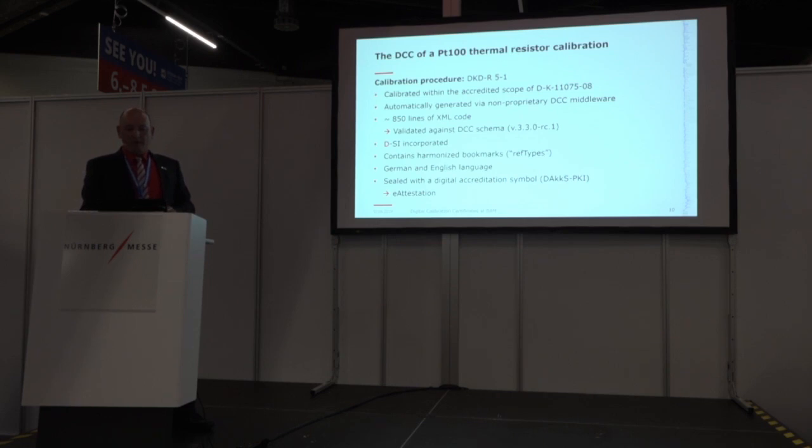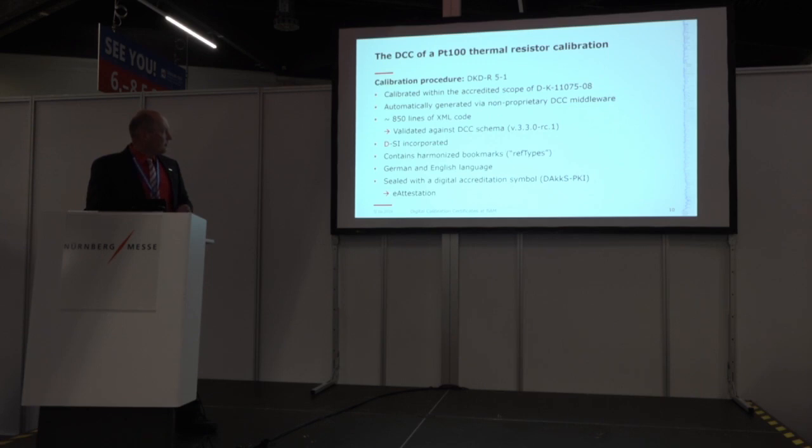We end up having 850 lines of XML code compared to 3 pages of text when we issue a paper certificate. This DCC is automatically generated in our lab with a software that we wrote ourselves. So we use non-proprietary solutions for this. And it's readily validated against the DCC schema.